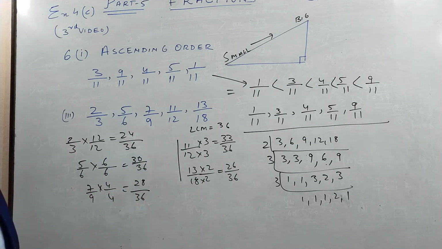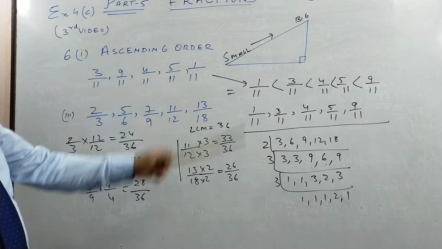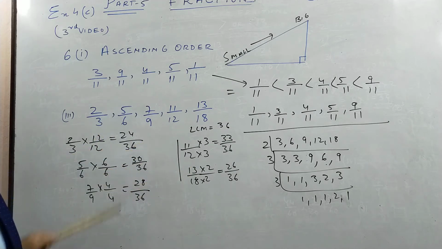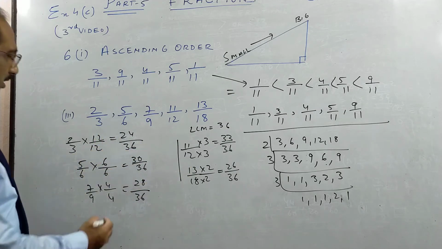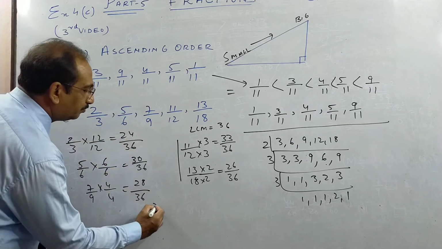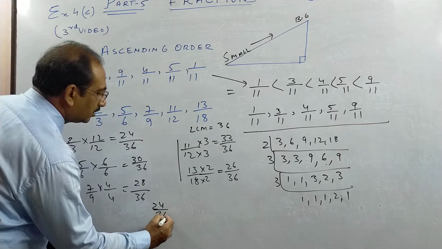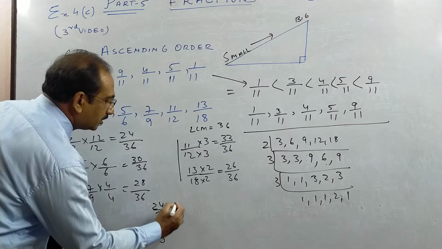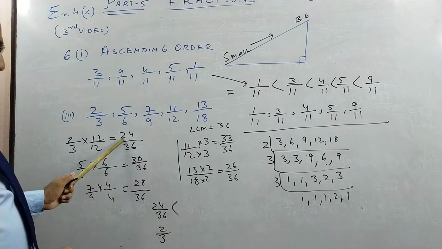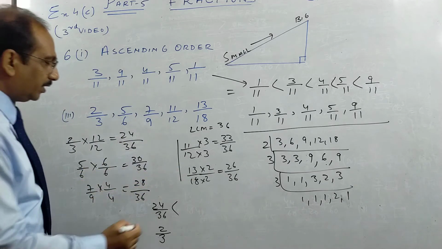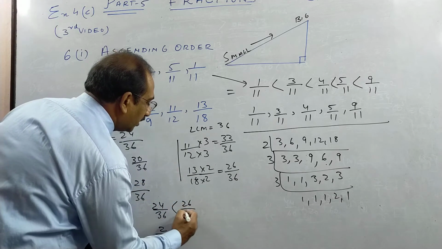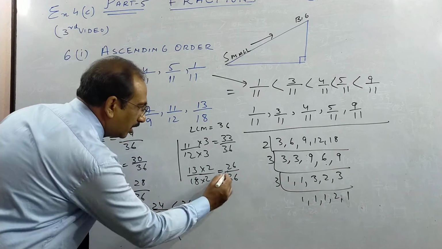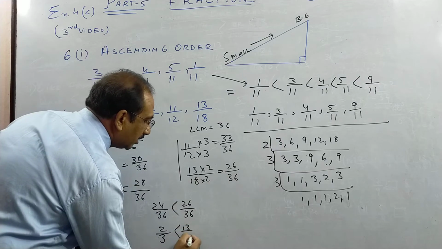Now see which is the biggest. Here, for ascending order, I have to see the smallest. Which is the smallest here? I think 24 by 36, which corresponds to 2 by 3. After 24, I see 26 by 36. But in the original question, 26 by 36 was not given; what was given was 13 by 18.